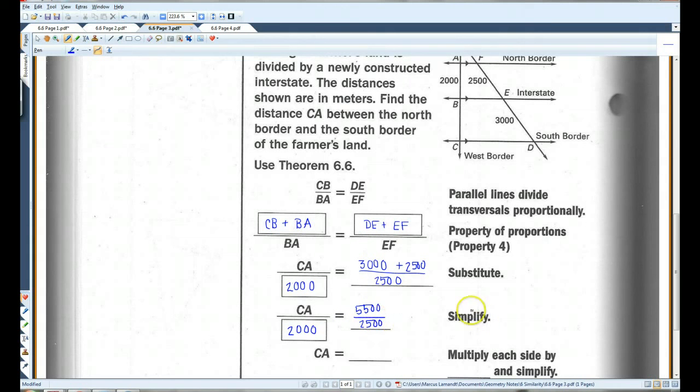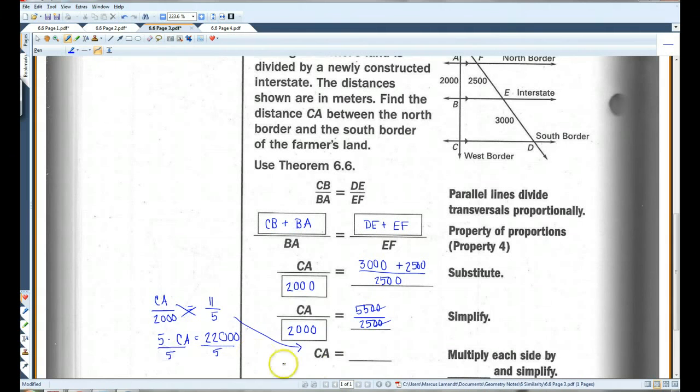Okay. I'm going to add another step in here. The zeros cancel out. 55 over 25, you divide top and bottom by 5, you get 11 over 5. So 5 times CA equals 22,000.